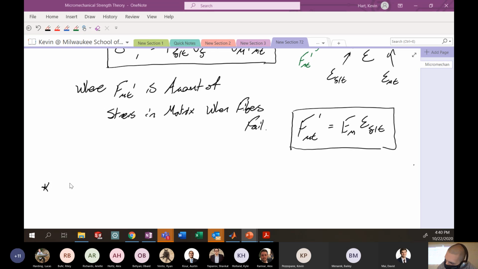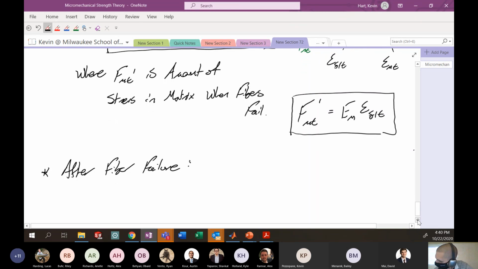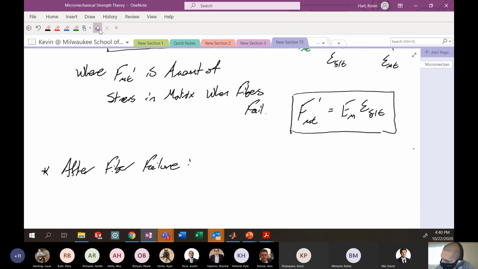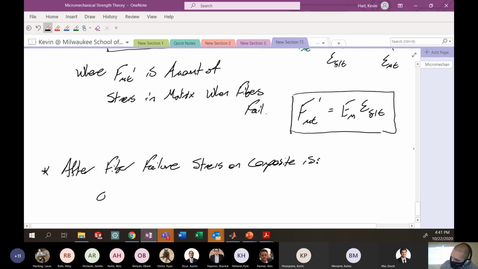So after fiber failure, the stress on the composite is the following: 0 plus, let's just say, the stress that's in the matrix in tension times the volume fraction of the matrix.